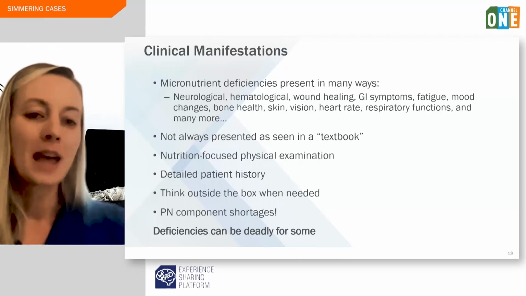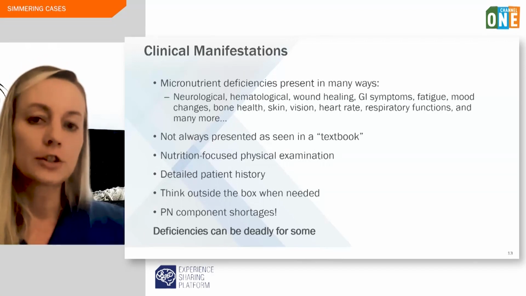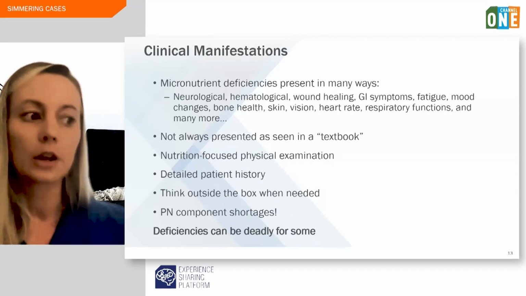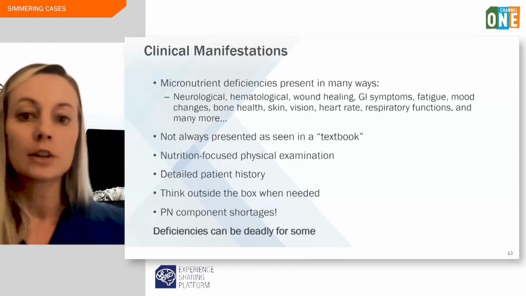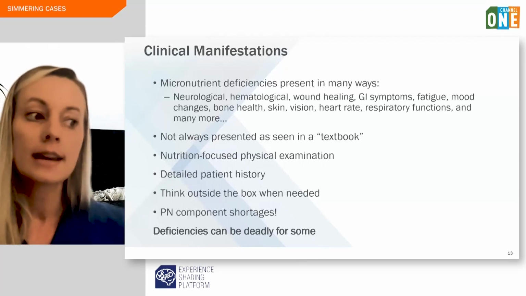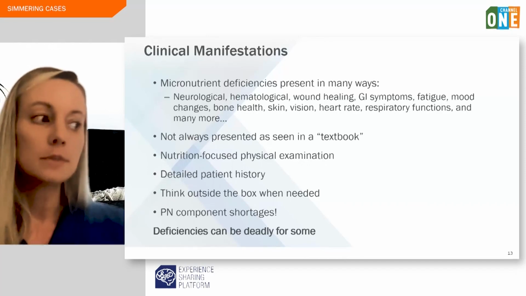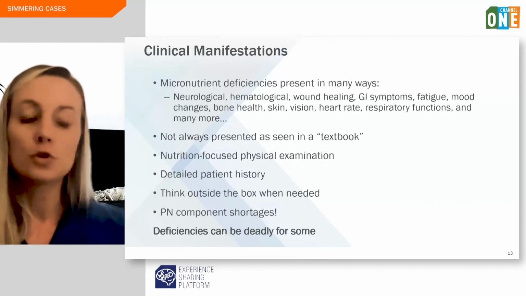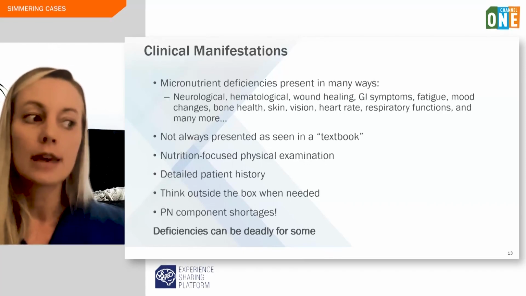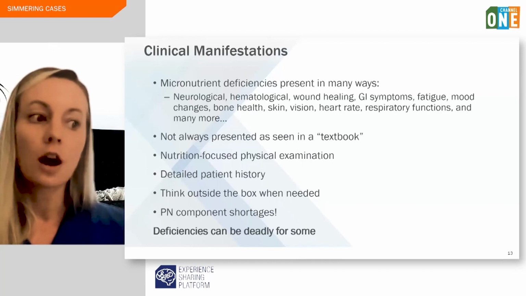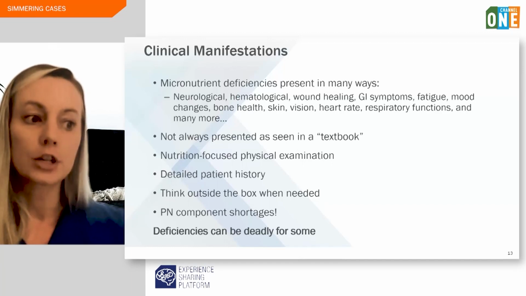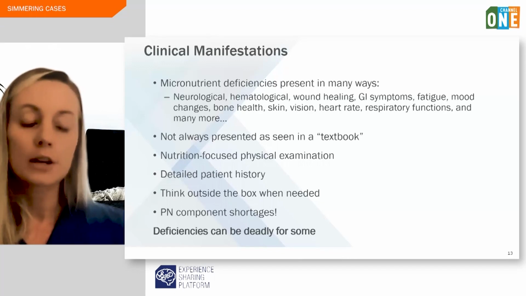in the literature. Some different ways that micronutrient deficiencies present include differences in neurological function, hematological, wound healing, gastrointestinal symptoms, fatigue, mood changes, bone health, skin or dermatological changes, alterations in heart rate or cardiac function, altered respiratory functions, and many more.